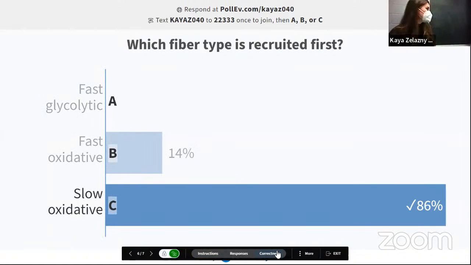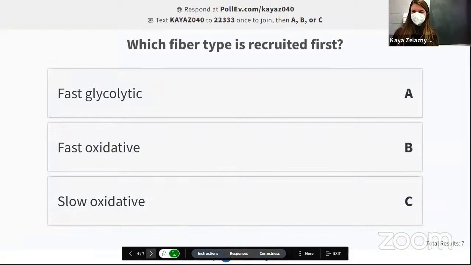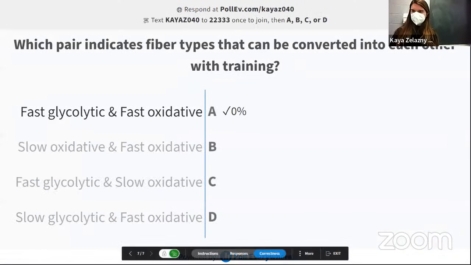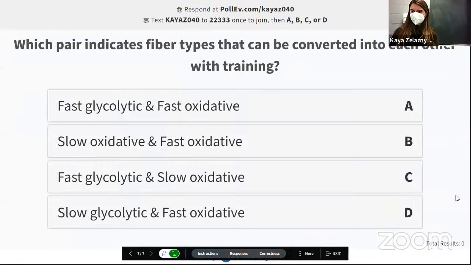Okay, yep, great. Our slow oxidative fibers are going to be our smallest fibers. They're going to be found in those small motor units. So they're recruited first because we go small to large.